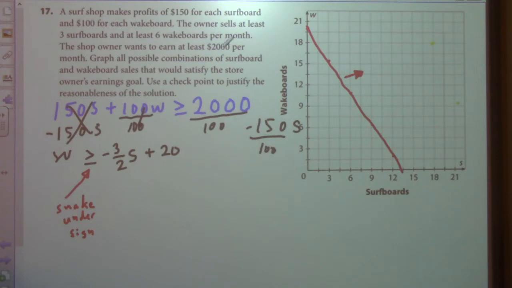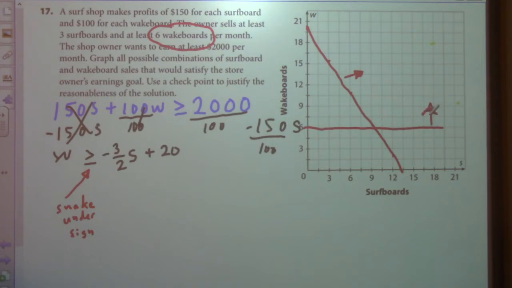Six wakeboards? Yes, we need at least 6 wakeboards. So how do we represent at least 6 wakeboards? Let's go over to the wakeboard axis, which is right here. So 6. How do we draw that? We draw that as a straight horizontal line, so it's going to be greater than, like that.